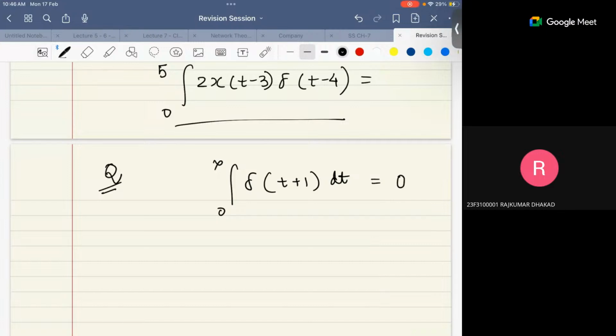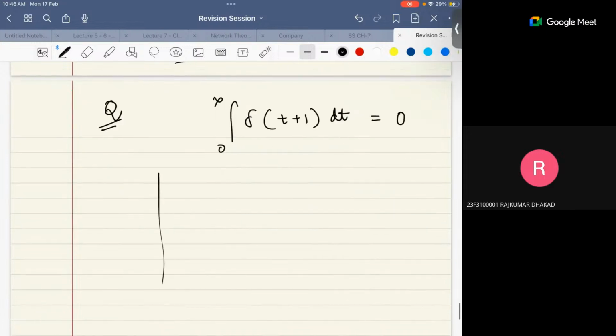Because, as I told you, when you are defining the delta function, delta is infinite at t equals 0, and then you calculate the area from 0 minus to 0 plus. So while integrating, the point at which the delta function is defined must be coming within the integration limits.